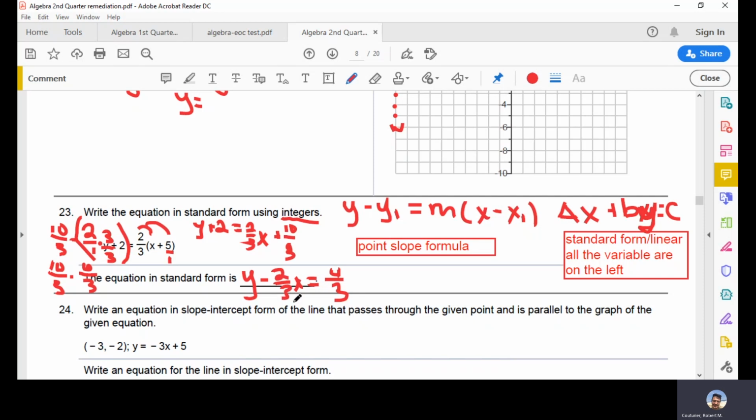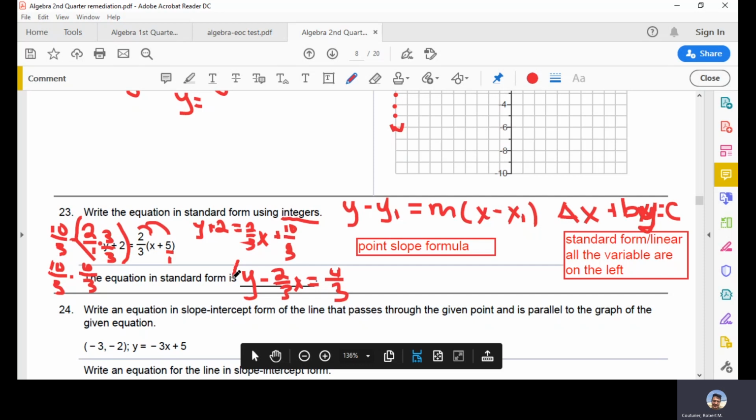So how would we get rid of the 3's? If we were to take this entire problem and multiply the whole thing times 3, like we're going to distribute a 3 to each individual piece. Look, so 3 times y would equal 3y. 3 times negative 2/3, well, the 3's would cancel out the denominator, so you would have a minus 2x.